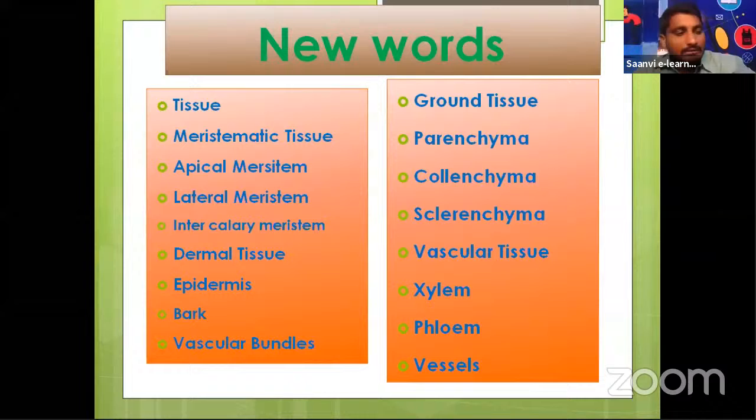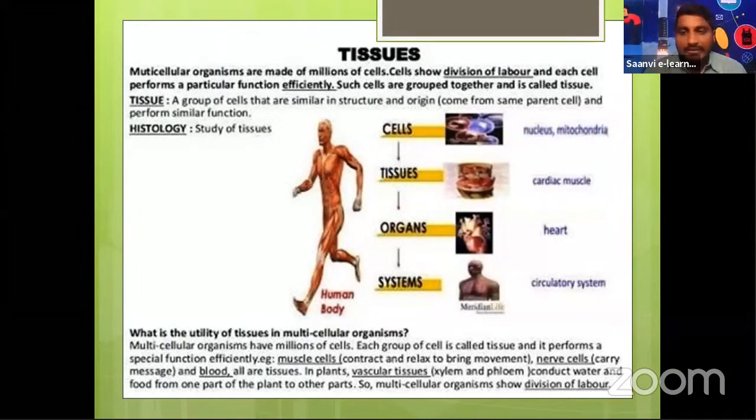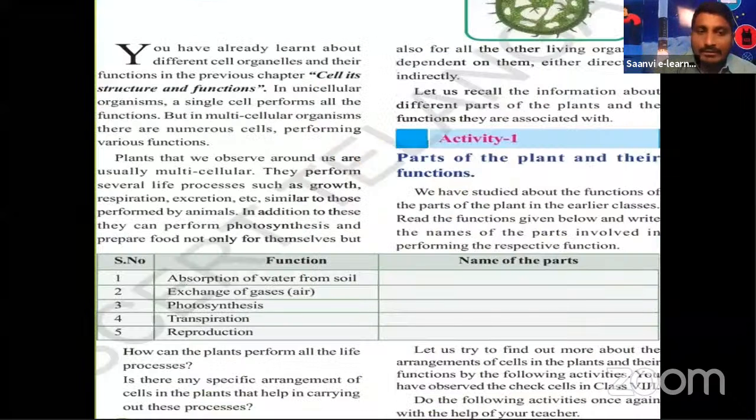Okay, children, these are the new words, keywords in this plant tissues lesson. Okay, let us see. In last class we have learned about the cell, tissues, organ and system, and unicellular organisms, multicellular organisms, and how cell is the basic unit of life.